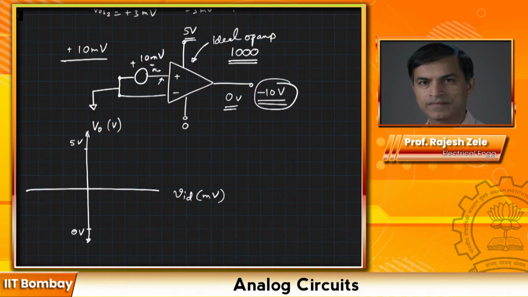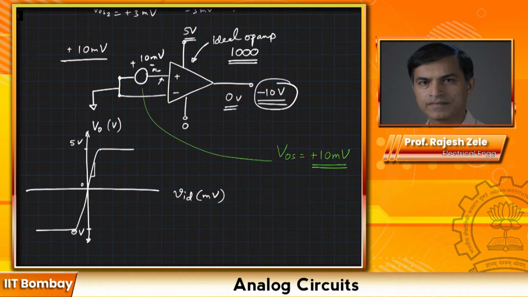The characteristic would look like this, and the slope of this curve would be 1000, because AV is 1000. Now if we have an offset of 10 millivolts, which I will show in green, if VOS is equal to plus 10 millivolts, it means I have to apply an input voltage.